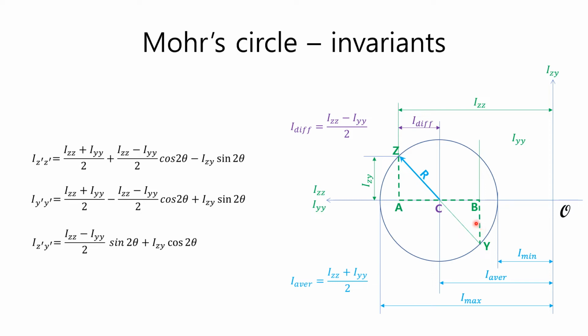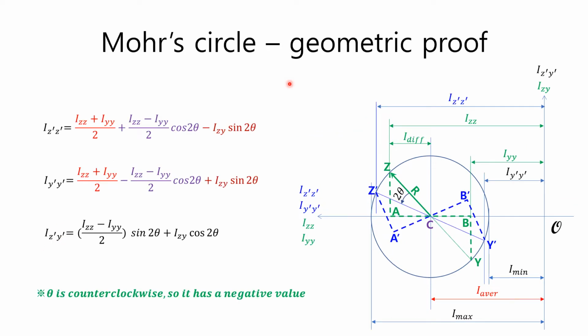Using these invariants that do not change, the second and the product moment of area about the rotated coordinate system can be obtained geometrically. If the coordinate axis rotates by theta in the actual cross-section, the radius of the Mohr circle rotates by 2 theta, which is twice in the Mohr circle.